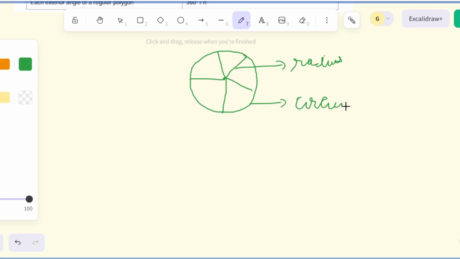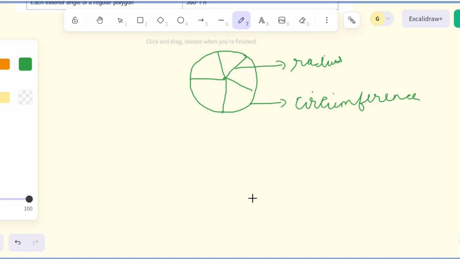Circumference is nothing but the perimeter, what we use in polygons, the ones made up of straight lines. Circumference is also the perimeter, but we use the word circumference for curved shapes. We don't use the word perimeter because perimeter is for polygons, shapes made up of straight lines.